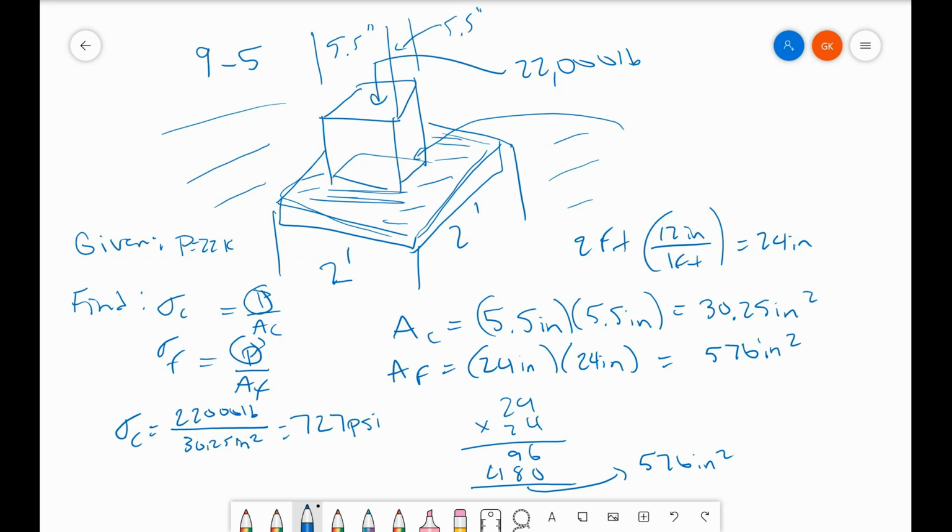And I kind of ran out of room over here, so I'm going to go up here. And I get that the stress in the footer is going to be equal to that same 22,000 pounds over a much larger area, 576 inches squared, which should come out to 38.2 psi.